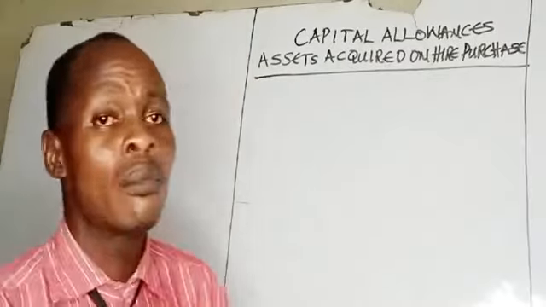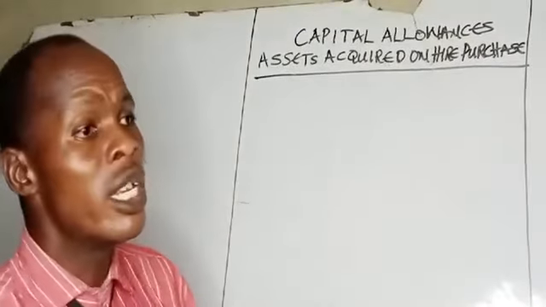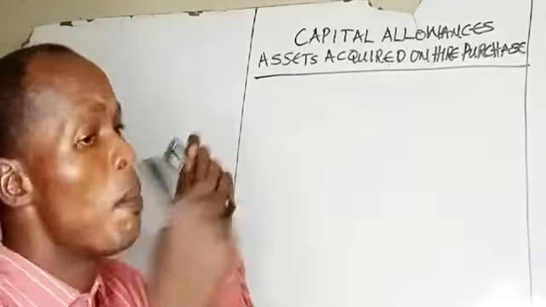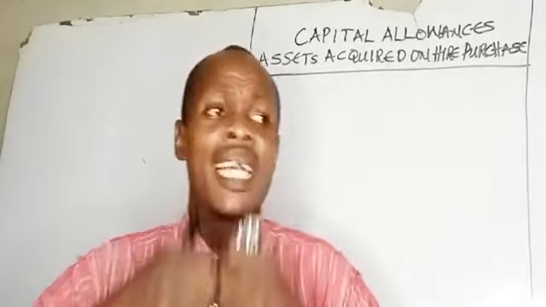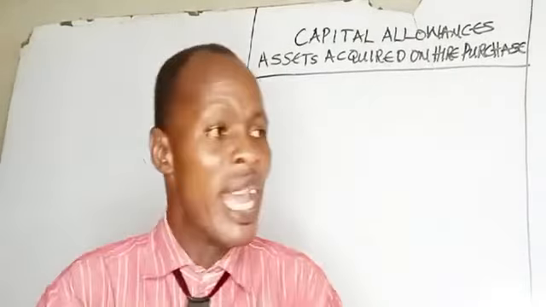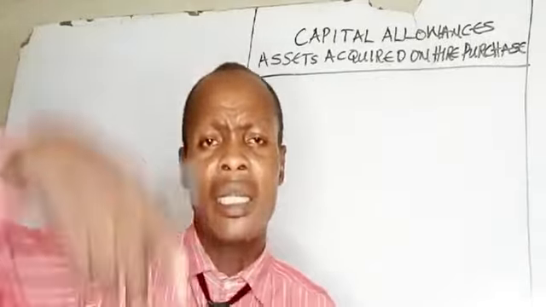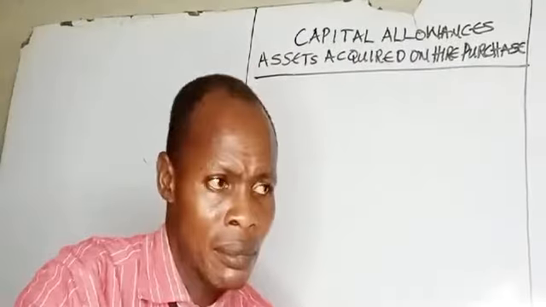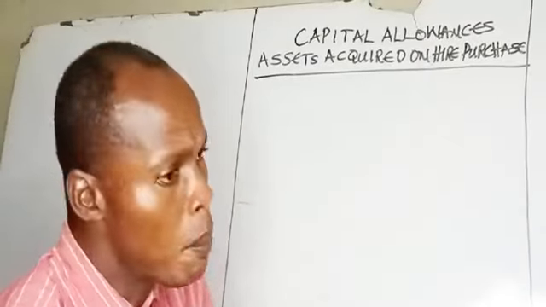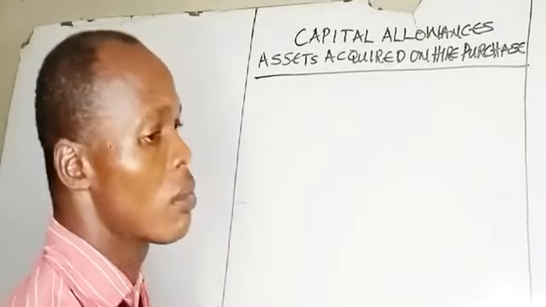I repeat, a hire purchase transaction is one in which the seller parts with possession by transferring the asset to the buyer, who pays the hire purchase price by way of initial deposit plus a periodic installment over the hire period.